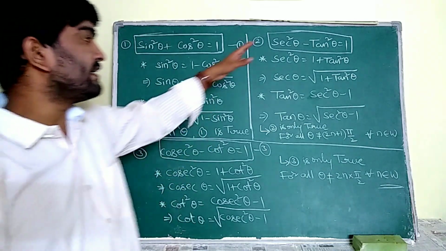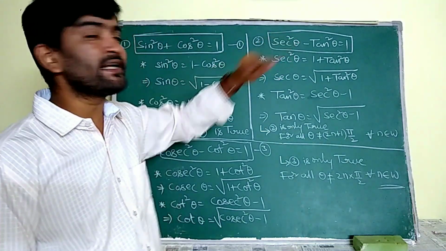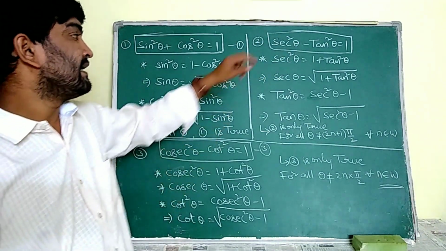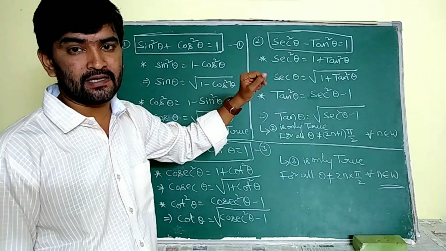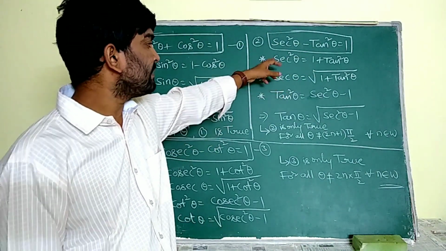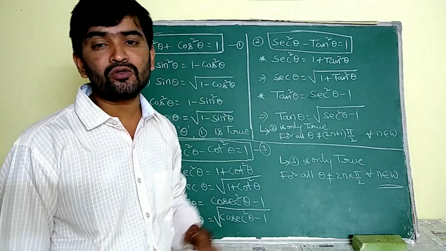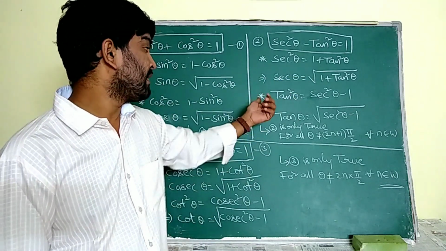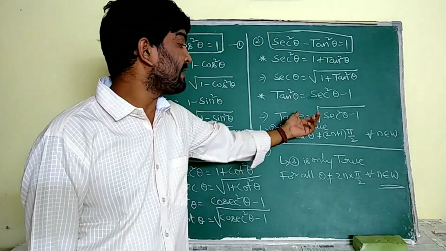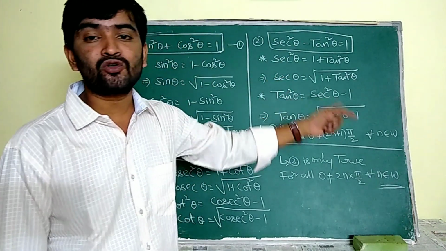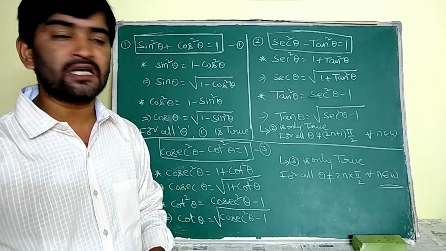Okay, now coming to identity 2. Secant square theta minus tan square theta is equal to 1. Then secant square theta is equal to 1 plus tan square theta. By this, secant theta is equal to root over 1 plus tan square theta. Now, tan square theta is equal to secant square theta minus 1. So tan theta is equal to root over secant square theta minus 1.